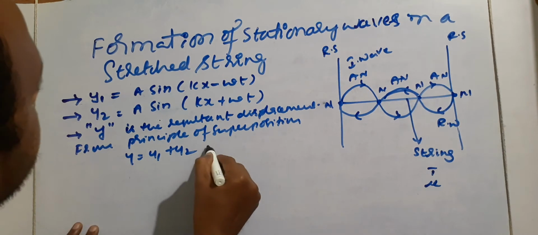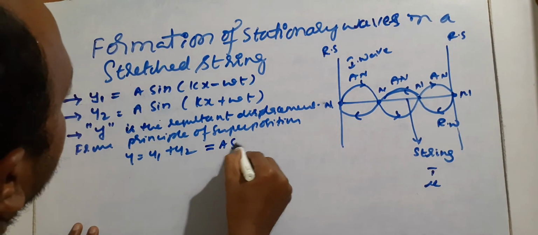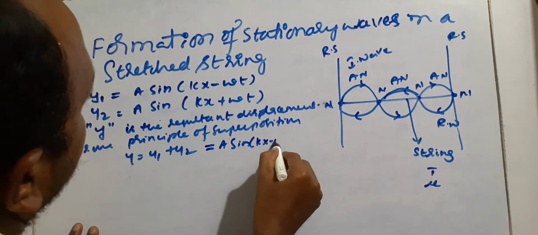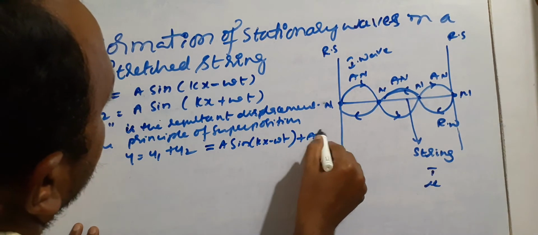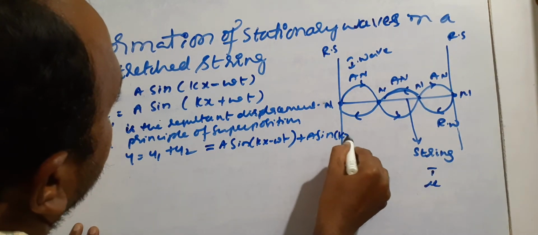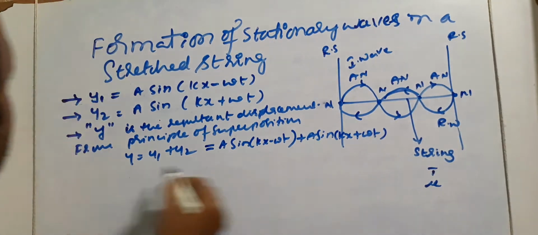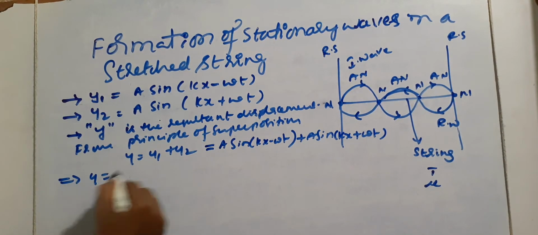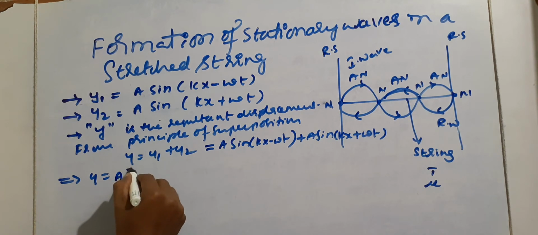So this implies y equals a sine of kx minus omega t plus a sine of kx plus omega t. Here the amplitude a is common, so this quantity is taken out as common.